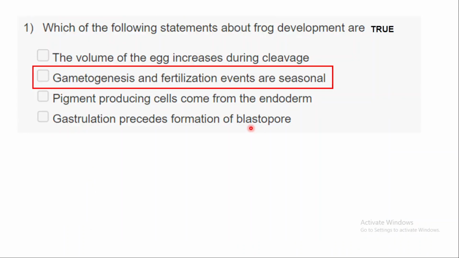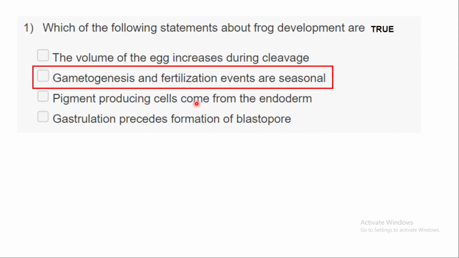So now we saw the volume of the egg will remain the same during cleavage, but the daughter cell volume will decrease, and can never increase during cleavage. Pigment producing cells will come from the ectoderm, from the neural crest derived from the neuroectoderm, and gastrulation will come after the formation of the blastopore, since the blastopore is the structure through which gastrulation proceeds.